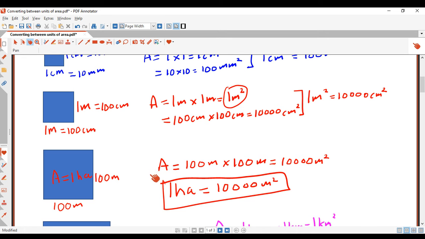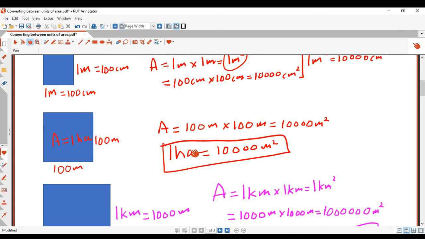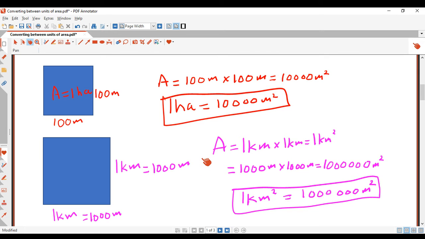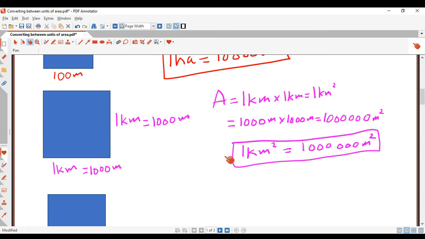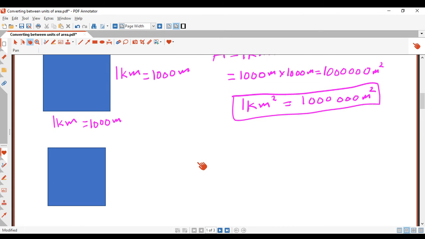Then we've got the hectare. Hectare is 100 metres by 100 metres, as you can see from the table up here. So 1 hectare is 10,000 square metres. Then we've got the kilometre squared, and we found that the kilometre square is equal to 1 million square metres, and no need for this square for that diagram. So that square was not needed for the notes.